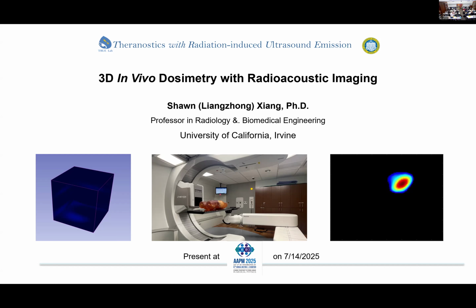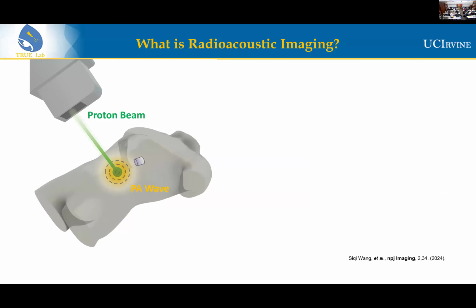So this is how we started this so-called radio acoustic imaging, a similar concept to photoacoustic, not using laser, but detecting the sound wave generated by radiation, which is already being used in radiation therapy. For example, in radiation oncology, people are using all types of radiation, X-ray, proton, electron, to destroy the cancer cells' DNA and then cure the cancer, right?